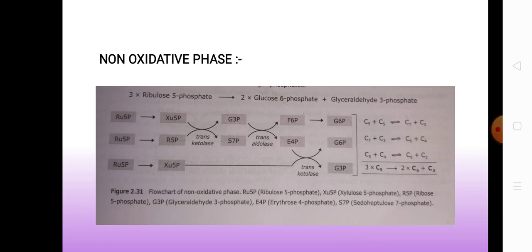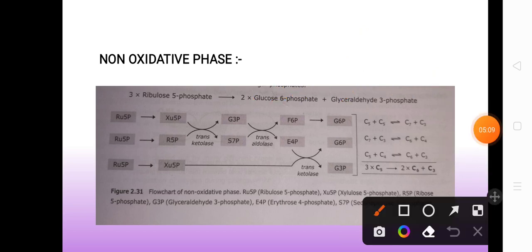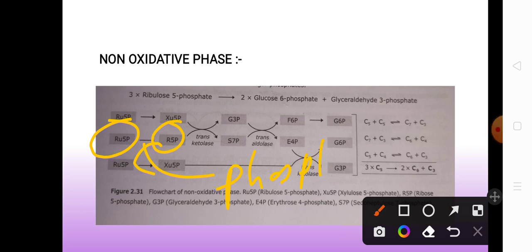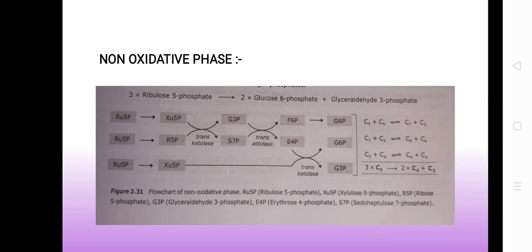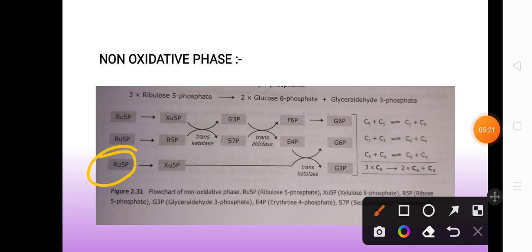The conversion of ribulose 5-phosphate into ribose 5-phosphate is facilitated by an isomerase, phosphopentose isomerase. The third molecule of ribulose 5-phosphate is converted into xylulose 5-phosphate, obviously with the help of epimerase.